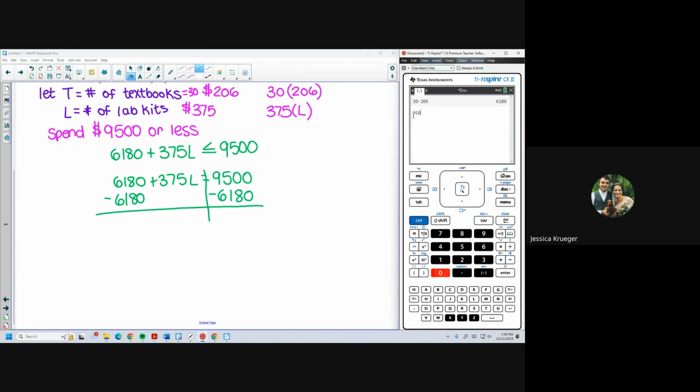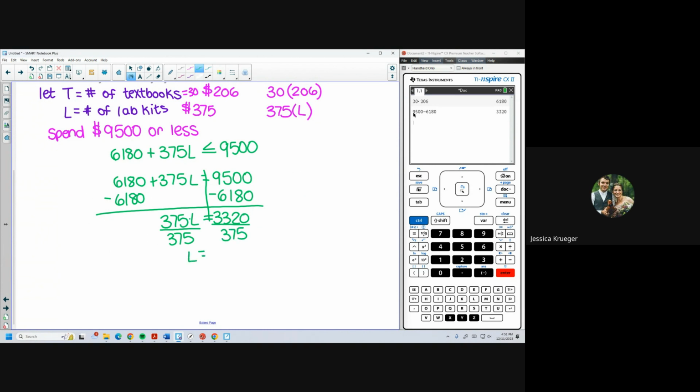So 9,500 minus 6,180 is 3,320. And then 375 L. To get L by itself, this is 375 times L. So I'm going to divide both sides by 375.